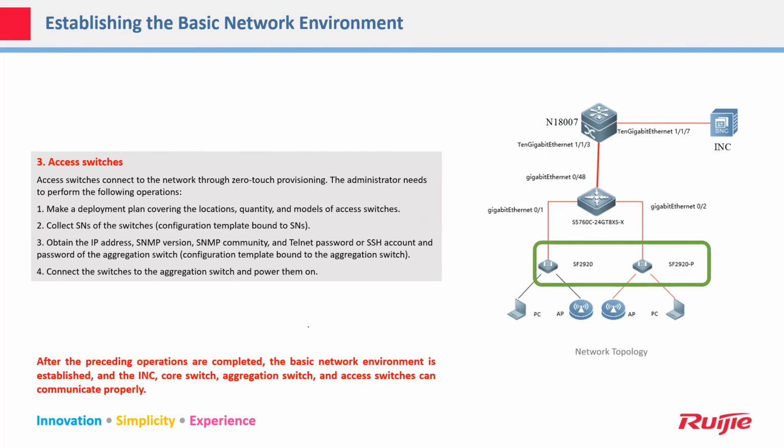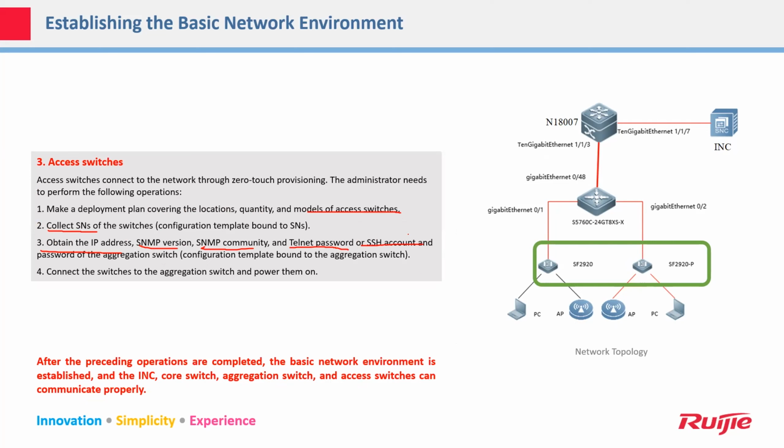And at last, for the access switches, make a deployment plan covering the locations, quantity, and models of access switches. Collect the SNs, because we should register and bind the sequence numbers of the switches to the template, with the IP address, SNMP version, SNMP community, and Telnet or SSH password.